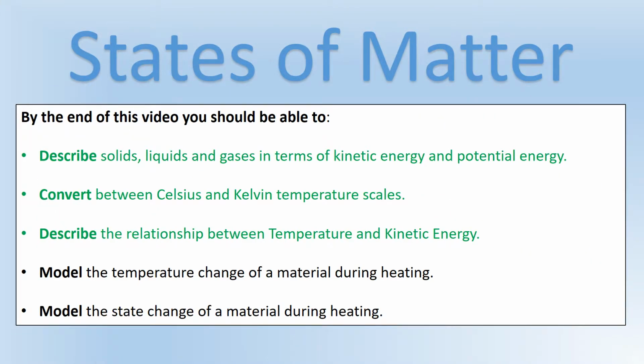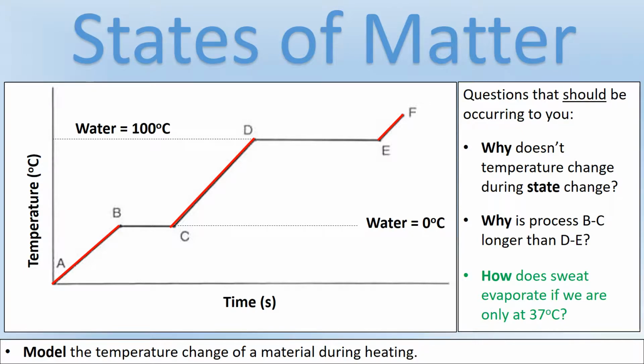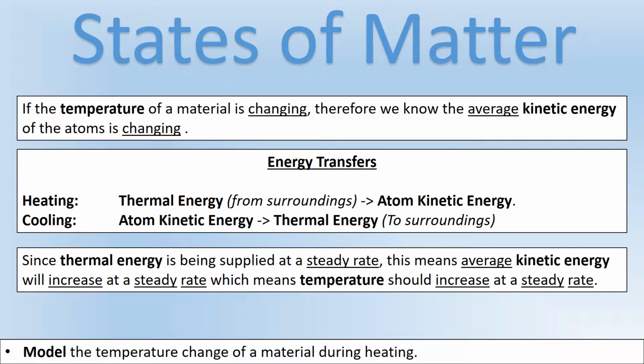Okay, so let's start thinking back to this graph that we've been using to describe what happens to water if we supply a steady rate of thermal energy to it. So we'll first look at these sections in red, the increasing temperature sections. As we just saw, if the temperature is changing, we know that means the kinetic energy of atoms is changing as well.